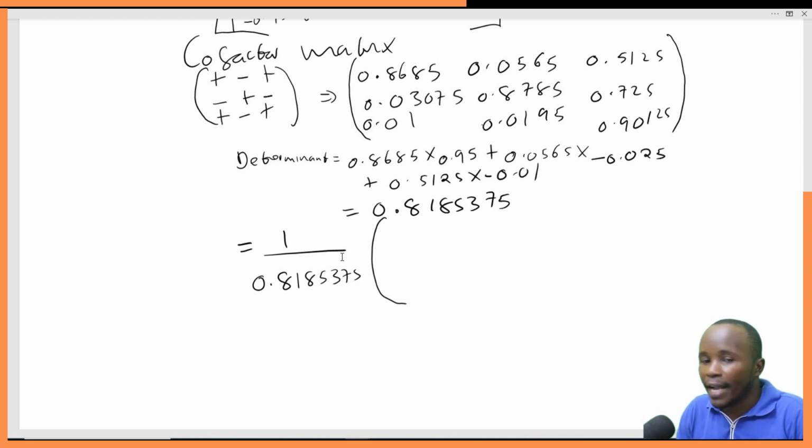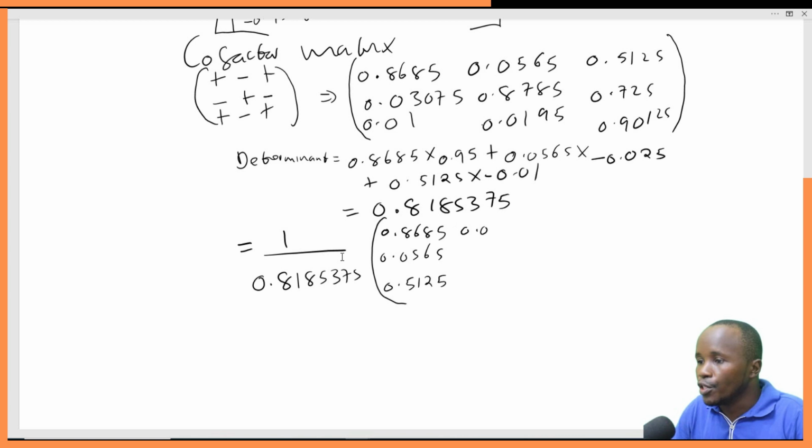What was in the row becomes the column, and what was in the columns becomes the row. So here I want to transpose the cofactor matrix. 0.8685, 0.0565, 0.5125. I'm transposing the cofactor matrix.